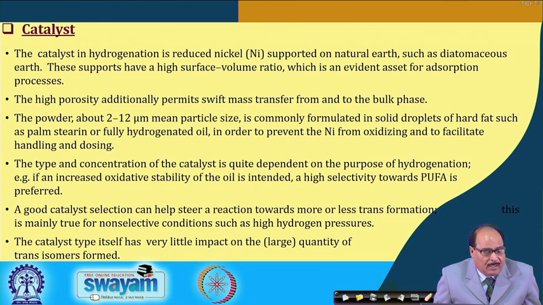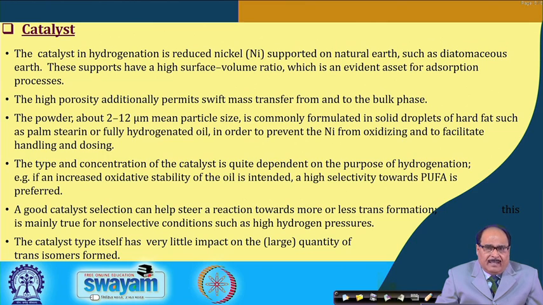The nickel powder of about 2 to 12 micron mean particle size is commonly formulated in solid droplets of hard fat such as palm stearine or fully hydrogenated oil, because this nickel actually is a highly pyrophoric material. So, it burns violently if it comes in direct contact with air. So, generally nickel is kept dissolved in some sort of oil to stop its direct contact with air.